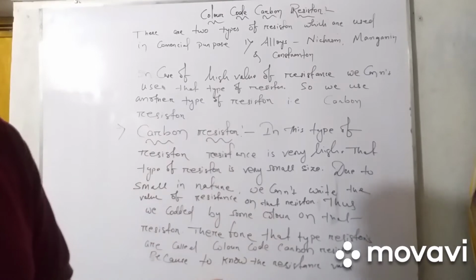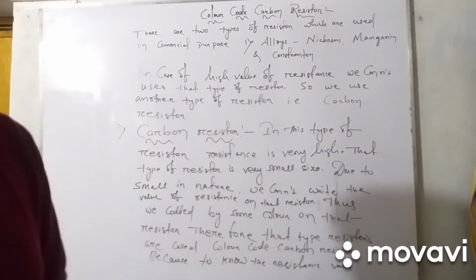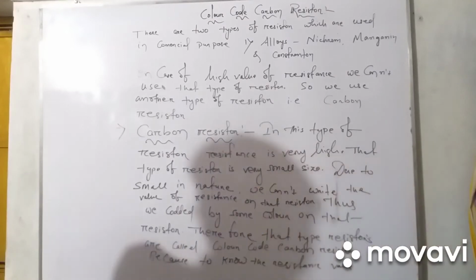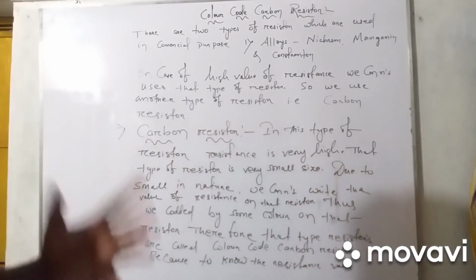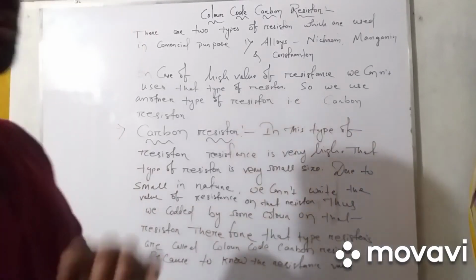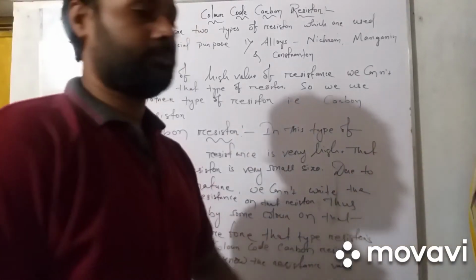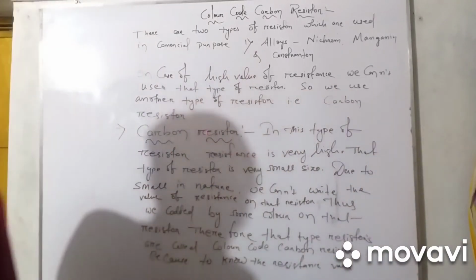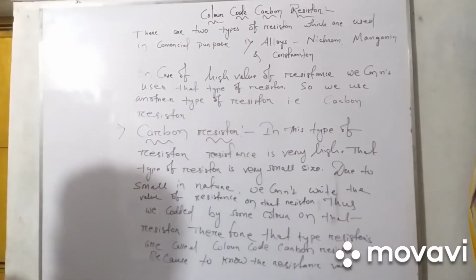So we code it by different colors on that resistor. Clear? That's why that type of resistor is called a color code carbon resistor, to know the resistance value. Please note it.